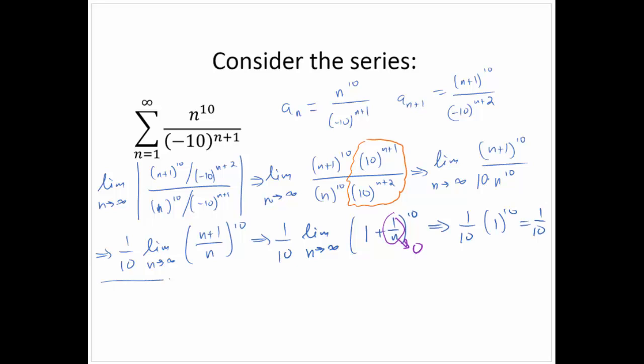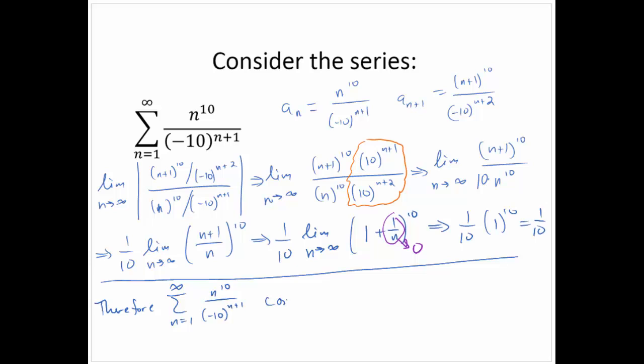So, conclusion. Therefore, sigma n equals 1 to infinity of n to the 10th over negative 10 to the n plus 1 converges by the ratio test. Why did I say converges?